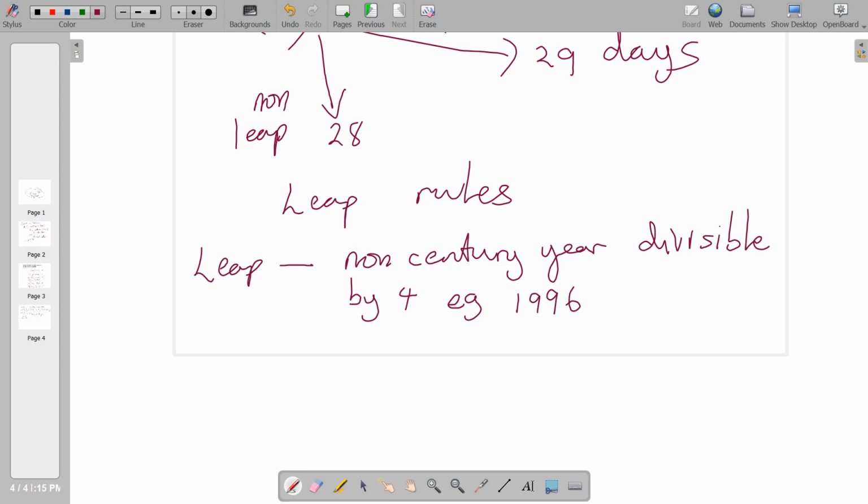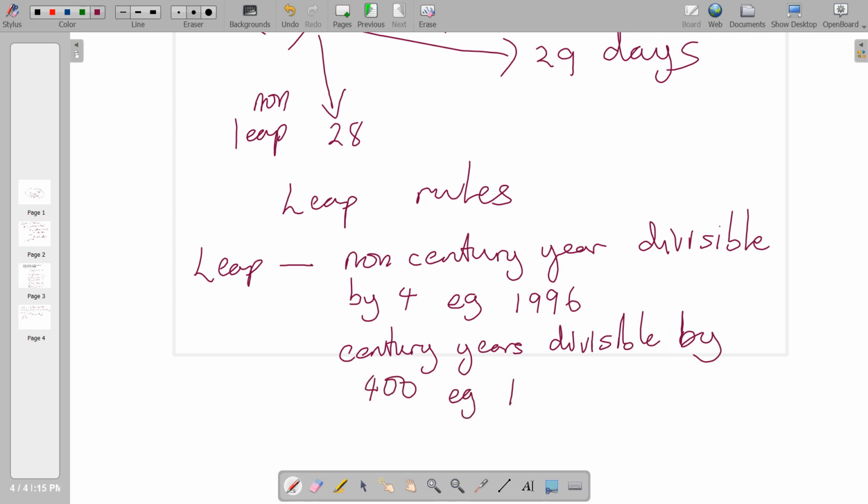Leap years are also century years divisible by 400. So, for example, as we identified before, the year 1600 or the year 2000.